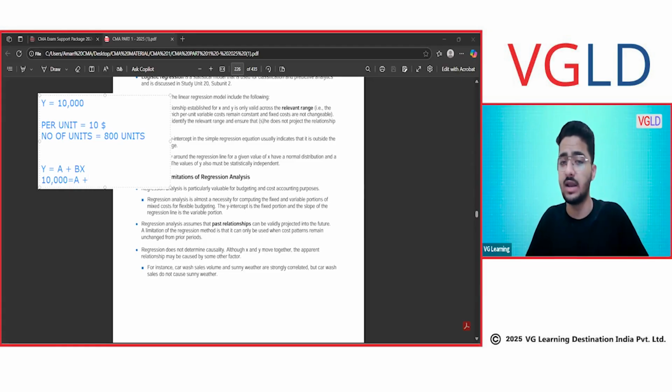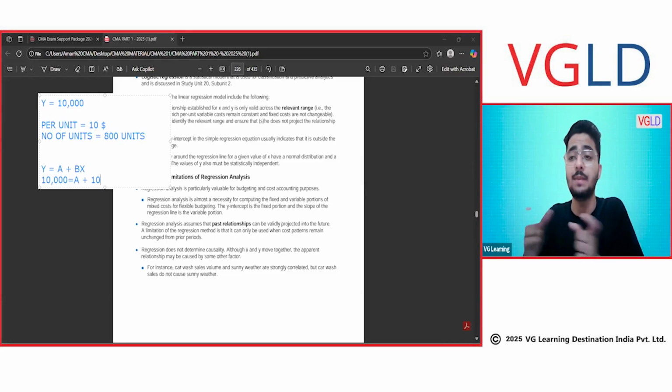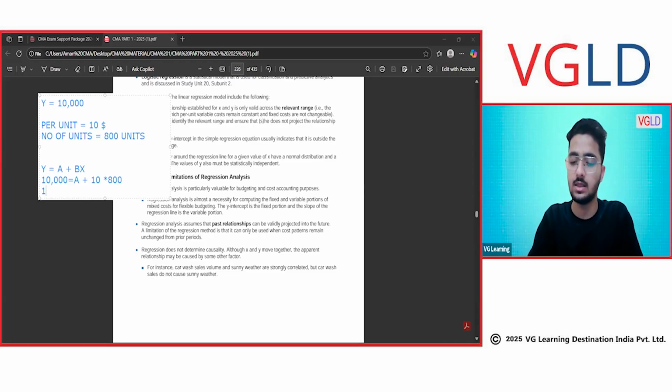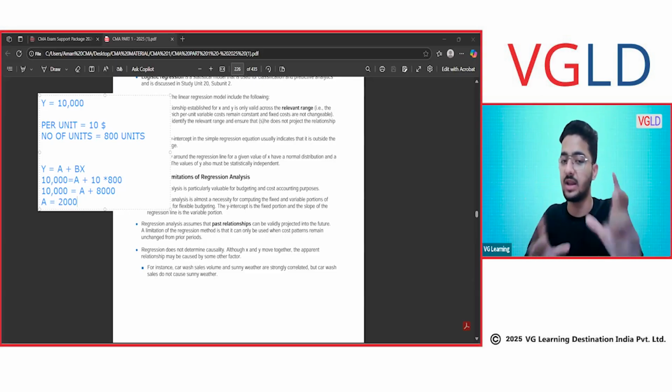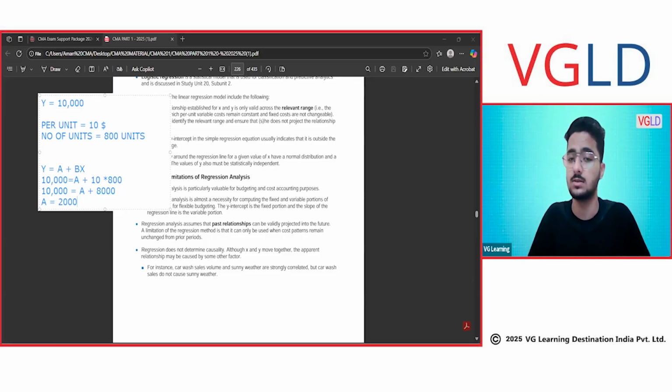What's my per unit value? $10. And what's my X, the independent factor? Number of units, 800. So 10,000 is equal to A plus 8,000, so your A is equal to 2,000. Simple, I got the fixed portion of my cost. Got it, Pushparaj? This is how I can find it out using regression analysis.